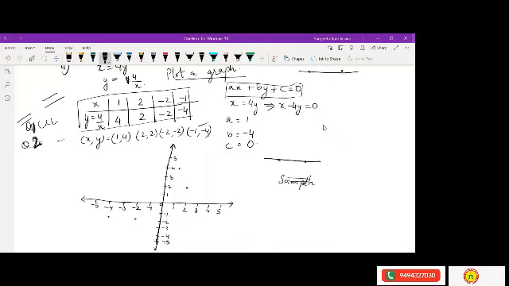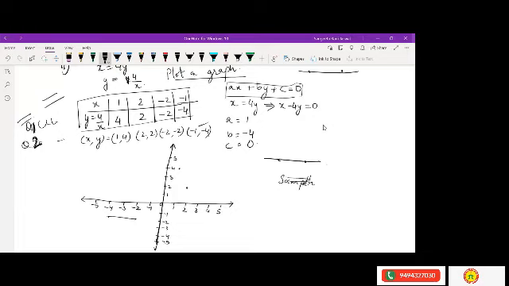These are the 4 points. So we are getting some line like this. This is not a linear line. This is not a linear equation form. We are not getting any linear line.